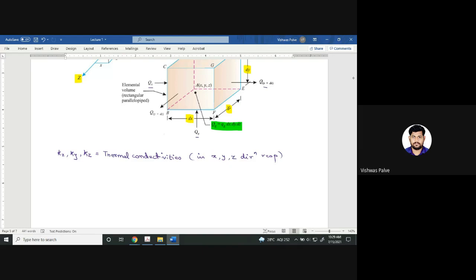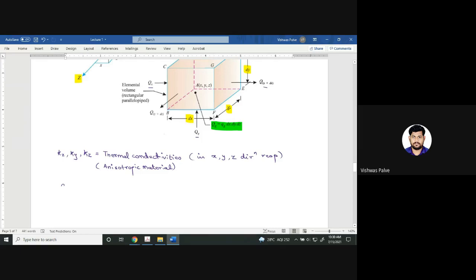Whenever the thermal conductivities are different in different directions, that type of material is called anisotropic material. Whereas when the thermal conductivity is the same in all directions, as we saw in the last lecture, it is called isotropic material.